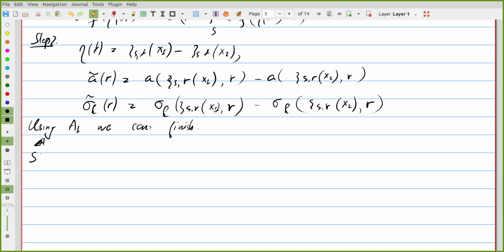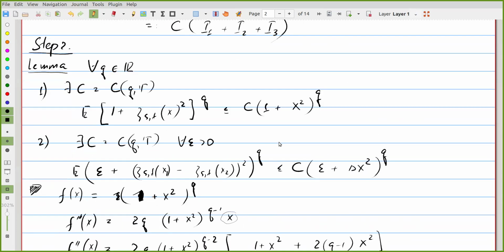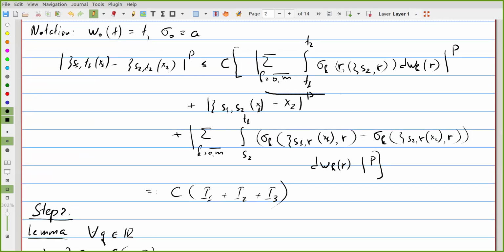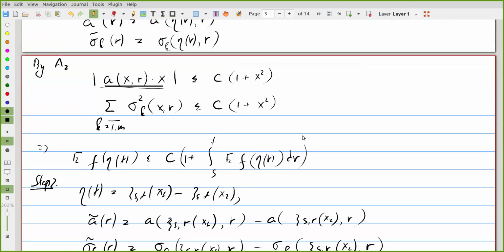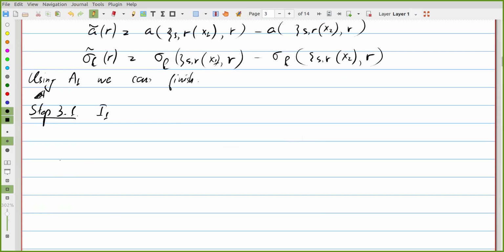Now we can proceed to estimating our terms. So I1 was this part. What happens from T1 to T2? Let me write it in this form: the integral from T1 to T2 of sigma k, psi S2 R, X2 R, dWR.